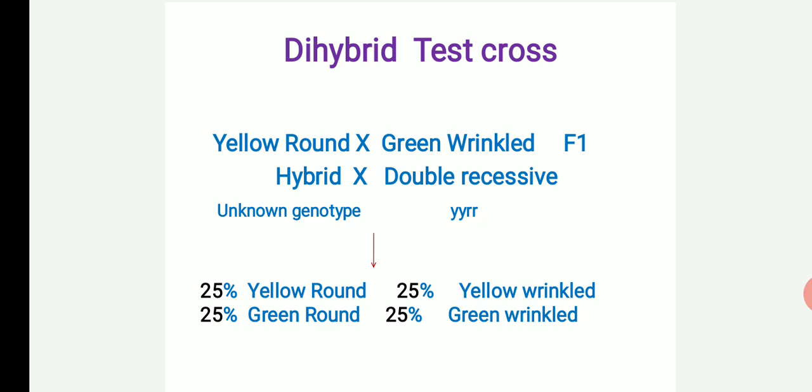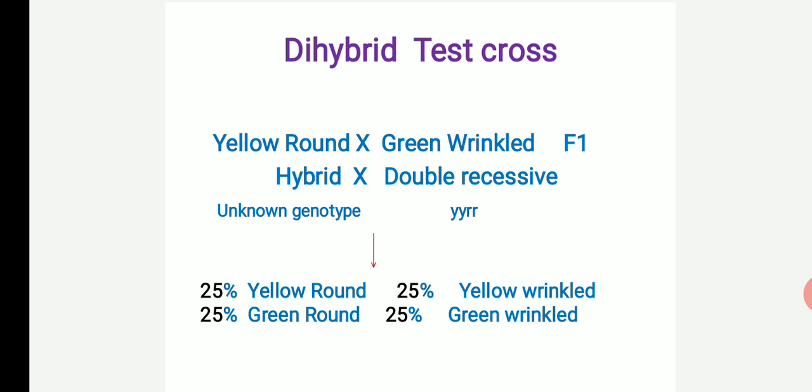So the hybrid genotype is unknown and the double recessive is small y, small r. In the F1 progeny of the dihybrid test cross, it will be 25% yellow round, 25% yellow wrinkled, 25% green round and 25% green wrinkled.